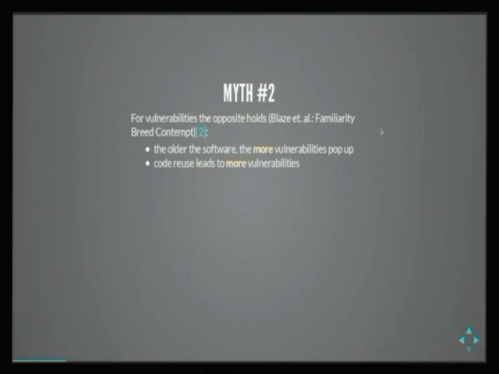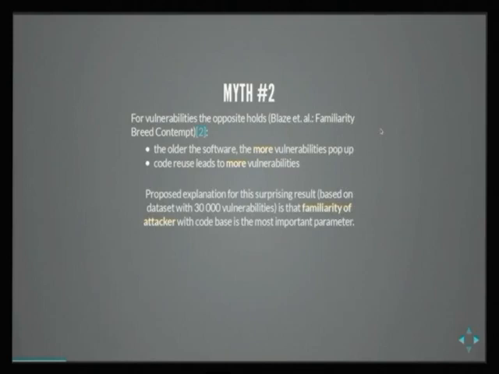And even more interestingly, code reuse actually leads to more vulnerabilities in a software. So how can that be? They argue that the most important thing in finding vulnerabilities is the familiarity of the attacker with the code base, which tends to get better with time.